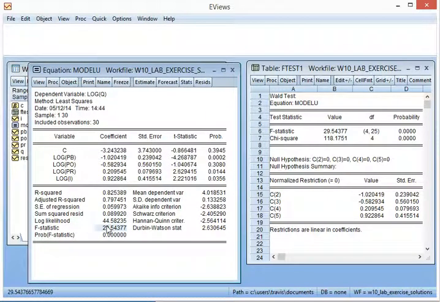Originally we saw that the F statistic was equal to 29.54, and I have come up with the corresponding number using that Wald test approach. And the p-values are the same as well. Here we have 0.000, and the same thing down here. So we found one way in which that F-test can be conducted in eViews. I'll take up the second part and the remainder of this question in part 2.